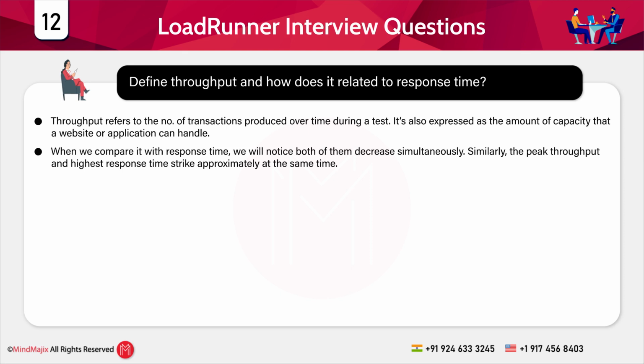Similarly, the peak throughput and the highest response time strike approximately at the same time because they are indirectly working in the same situation, right? When a sequence of steps or transactions is processed during a particular time frame, that is considered throughput. But how can the sequence of steps be performed? As a request and response only. So when the response time is delayed, it will directly impact the throughput.